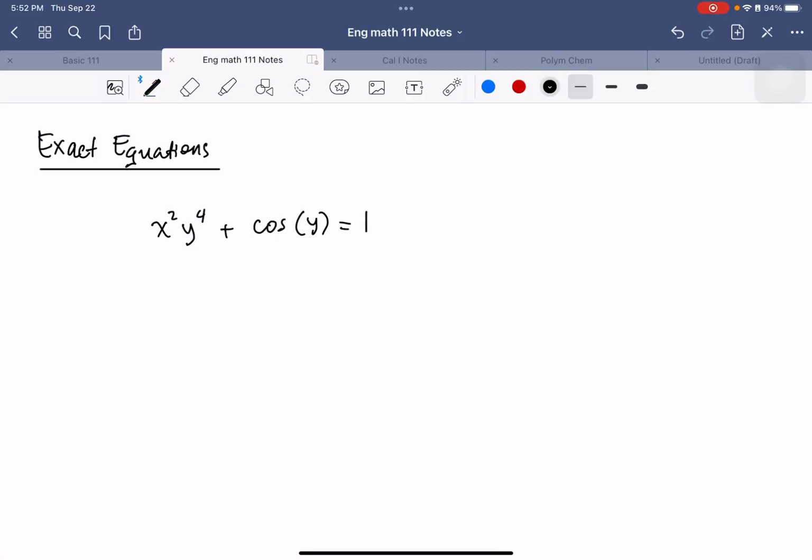Let's say we take this a little bit in the middle. The instruction is to differentiate.